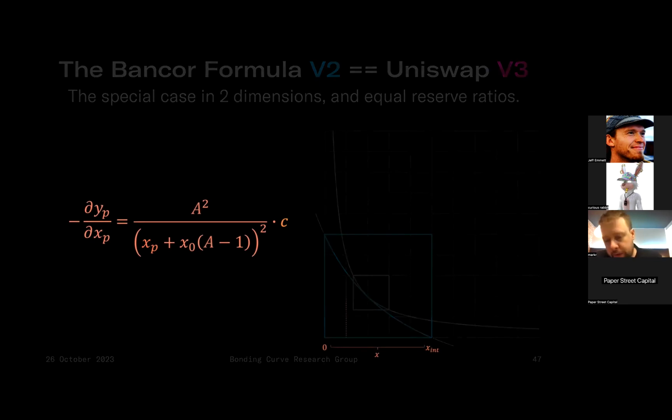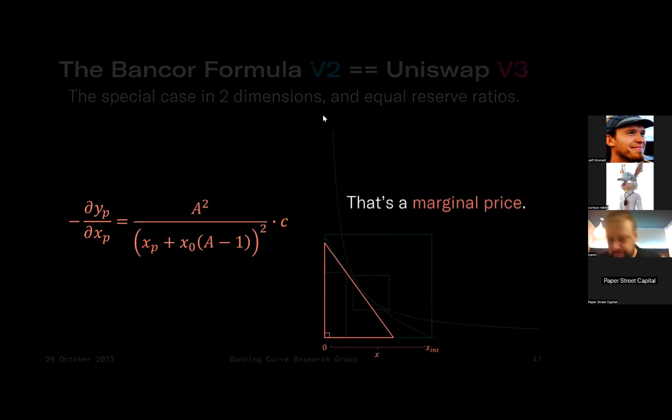I'm sorry, this is the marginal price, right? If you look at where I've drawn this dashed line, you can see that it comes up from some x value and touches the curve at some point, and at a right angle to that point is the corresponding y balance of tokens. These are both real token balances. And the tangent to the curve at that point is the marginal price.